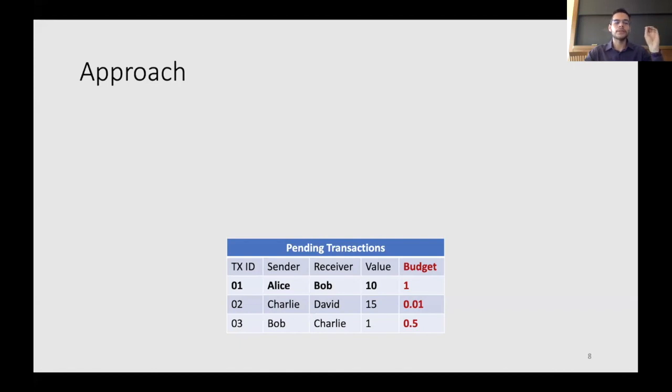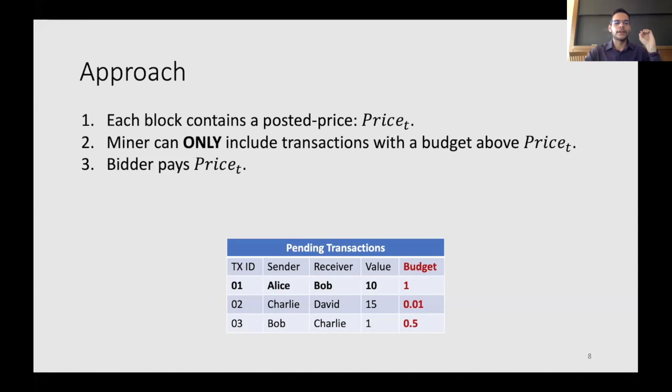And the way that the protocol is going to proceed is that each block is going to contain a fixed, posted price, and the miners can only choose a transaction whose budget is above this fixed posted price. And bidders are just going to be required to pay the posted price instead of paying their whole budget.